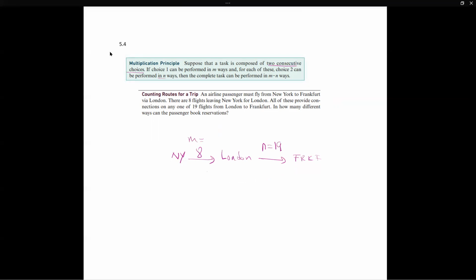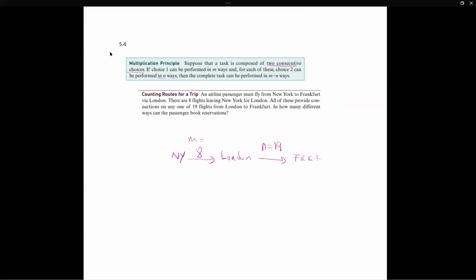In how many different ways can the passenger book reservations? The passenger would probably be interested in a cheaper reservation, unless they must travel at certain times, then the time constraint takes over the cost or something. But what are the options? How many different ways?